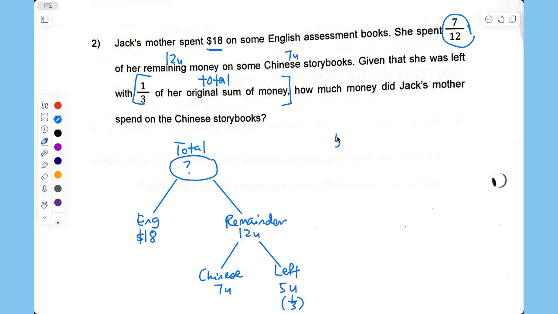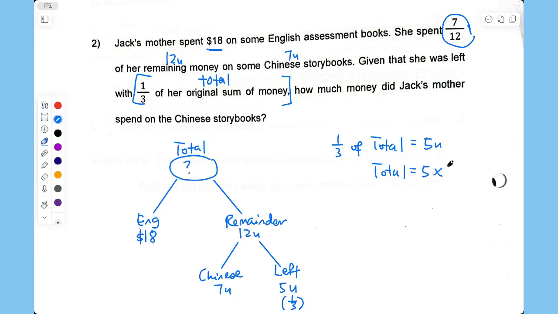So 5 units is what she's left. So 1/3 of the total money that she has is 5 units. Because this part here is 1/3. So the total amount of money she has will be 3 out of 3, or 1 whole.